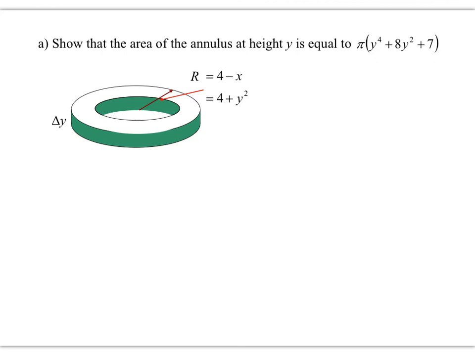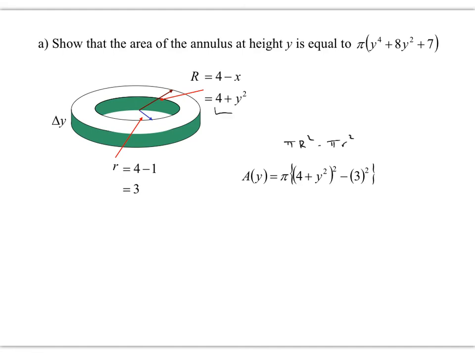So the area is going to be pi R squared take away pi r squared, where the 2 radii are different, little r, big R. So pi R squared take away pi r squared, and remember big R is 4 plus y squared, and little r is 3. Expand it out and simplify, and you end up getting the expression that we needed to show.